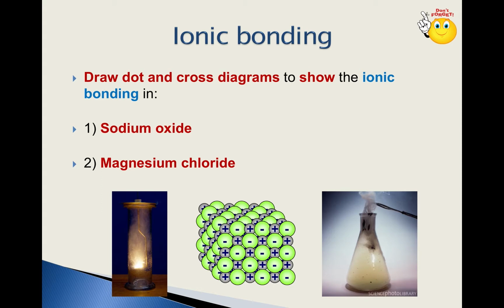So you end up with a magnesium 2+ ion and 2 negatively charged chloride ions. And again, the formula of magnesium chloride is MgCl2, which implies you've got Mg2+ and 2 chloride ions. But the more you practice drawing dot and cross diagrams, the better you will get.